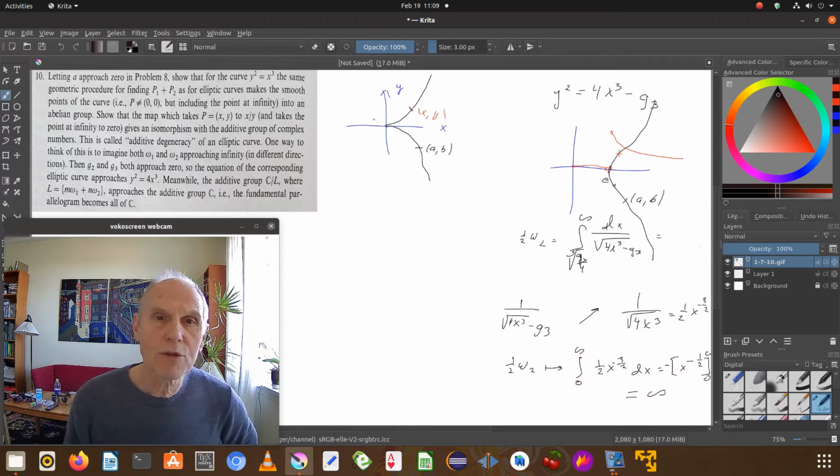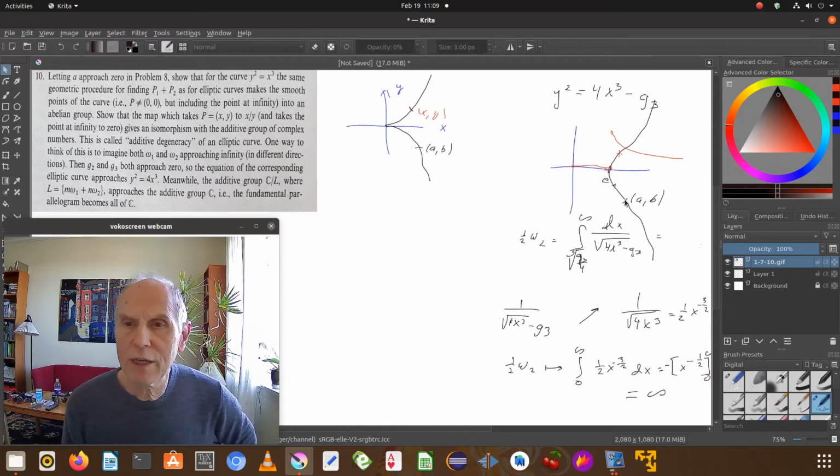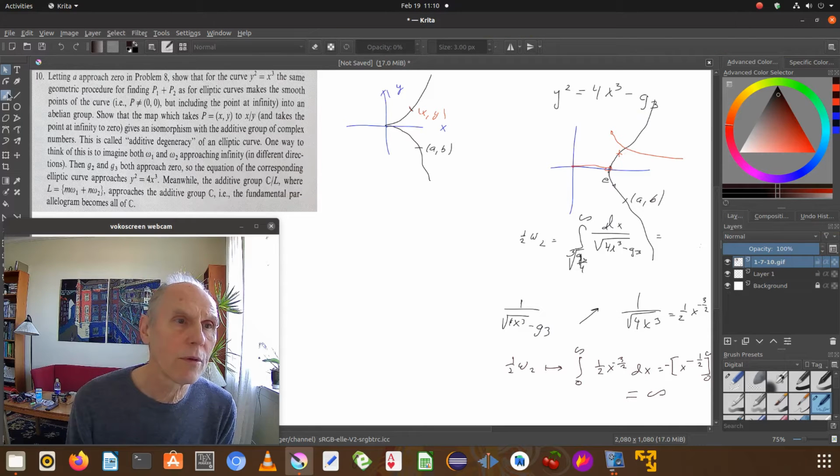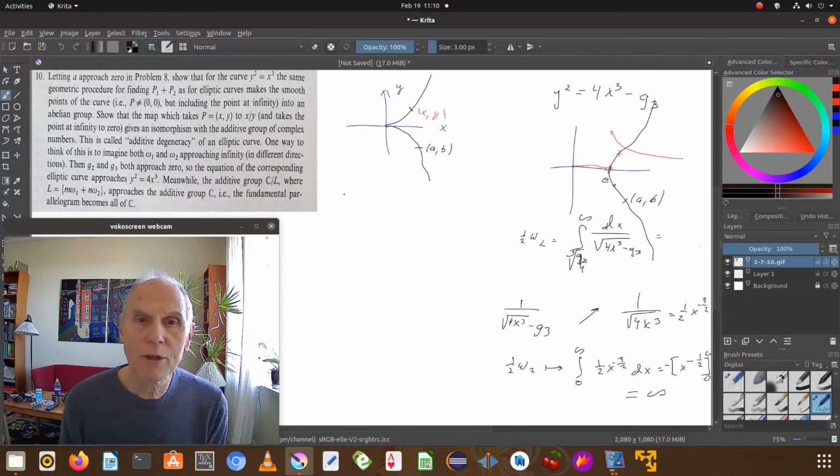So let's start with 2 points with the same x value. Then they will come with opposite y values, so the sum is infinity. So that's it. Now if they have different x values, we'll have a sum on the curve. So we'll just write it up. Maybe I'm being too thorough in this, but then we can explicitly see that it converges.